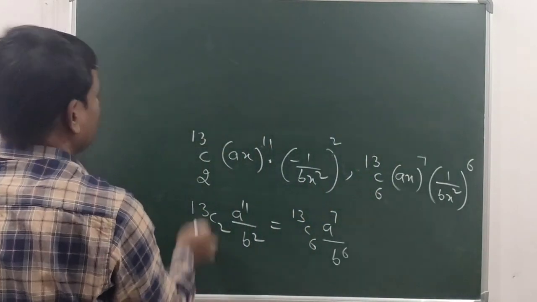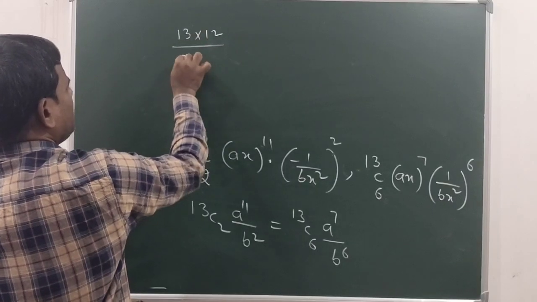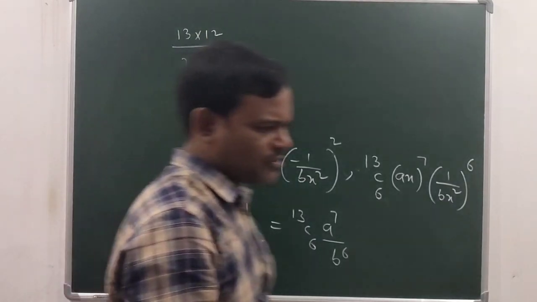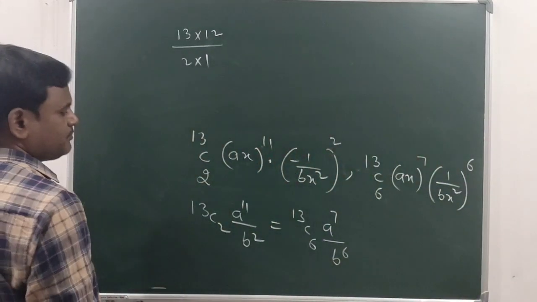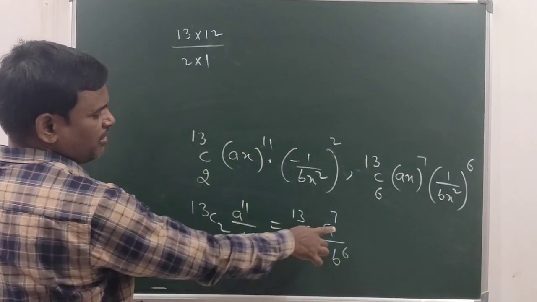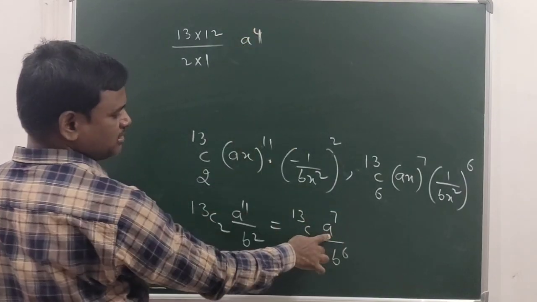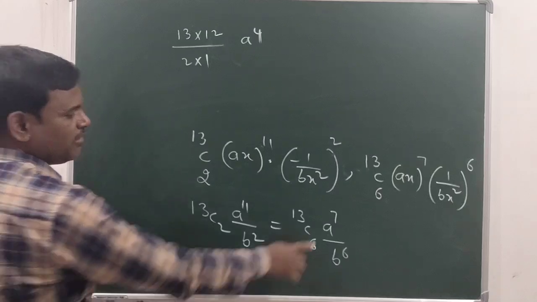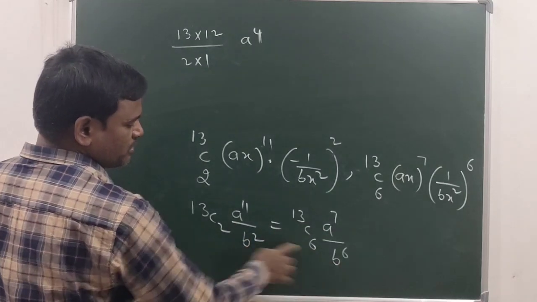Yes, 13C2 you can write as 13 into 12 by 2 into 1, which is equal to a power 11 here, a power 7. So a power 4 will be left because a power 7 cancels from the right side. Here b square, here b power 6.